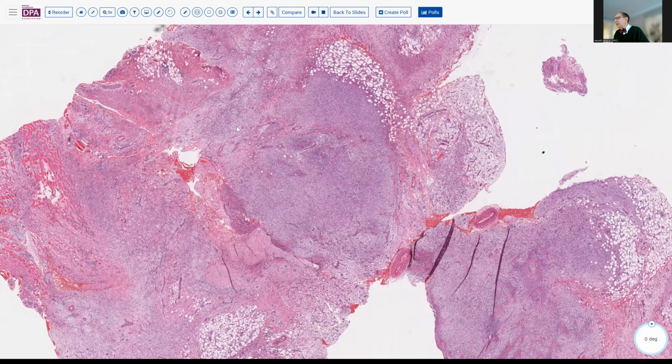Now, this is a lesion that evolves over time and has different stages. As it becomes more mature, has been there longer, this ossifying component is at the periphery, and it's more prominent and more well-developed. At an earlier stage, you may just have this loose fibromyxoid tissue with relatively little ossification.